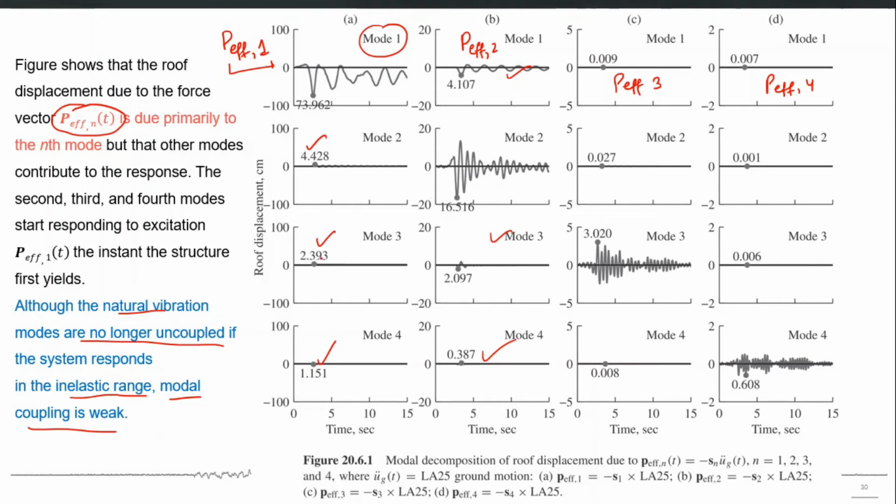So here you see 73.9 in the first mode compared to very small values in the other modes. Similarly, here a significant number in the second mode, small numbers in the other modes, right? So the effect of that coupling because of the nonlinear range is weak, and therefore if we ignore that, we can still have a method for nonlinear systems, right?